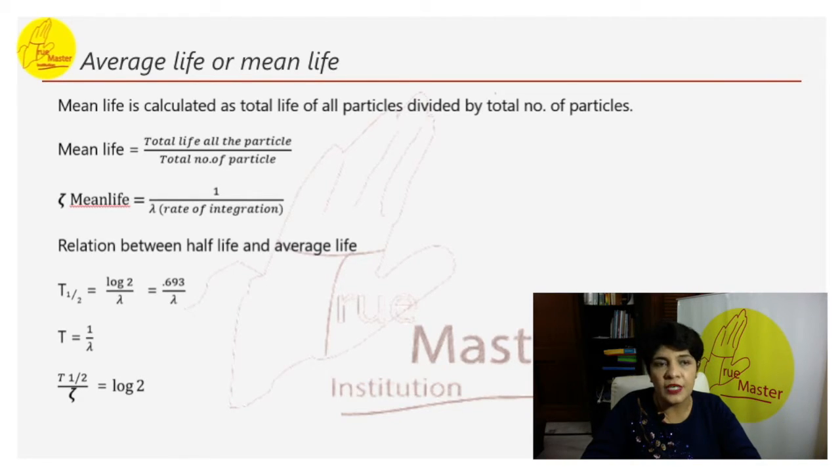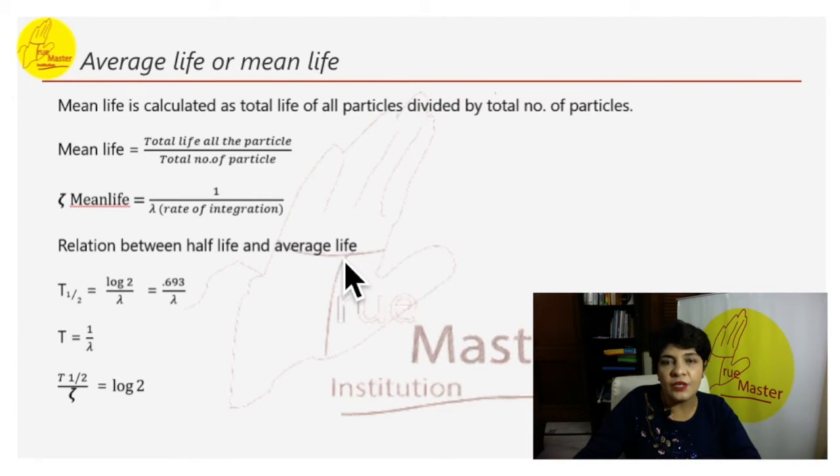So mean life equals total life of the particles divided by the total number of particles, or mean life is equal to 1 by lambda, where lambda represents the rate of disintegration.